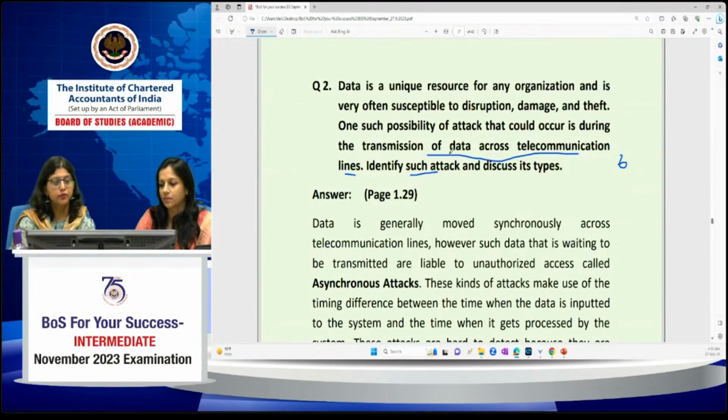Now, the types of attacks on data we have discussed all in chapter number 1. So you will zero in that, okay, it's from chapter 1. Then you think, what type of an attack occurs during the transmission of data through the telecommunication line? Such an attack, very well defined in the study material, is known as asynchronous attack.